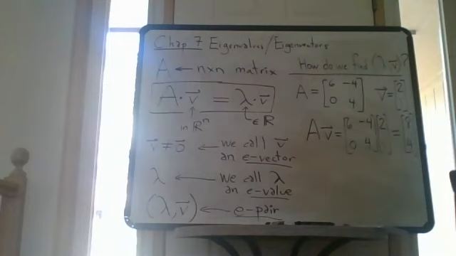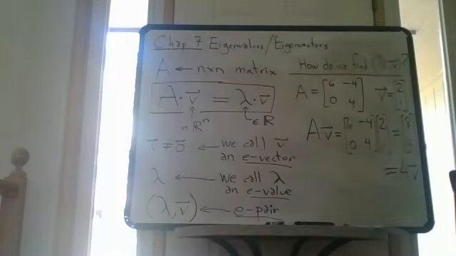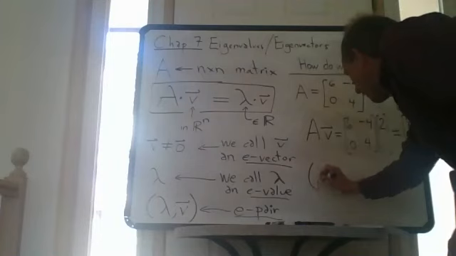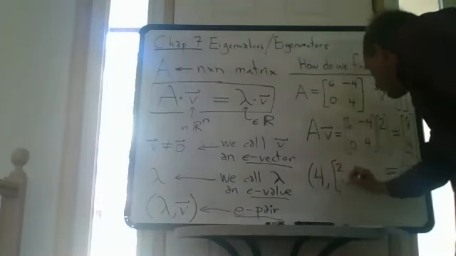So you started with the vector 2, 1, and you ended up with the vector 8, 4, and that is just 4 times v. That is just 4 times the original vector. So you have this eigenpair, which would be 4, and the vector 2, 1.